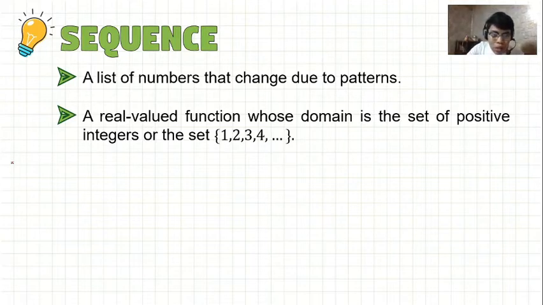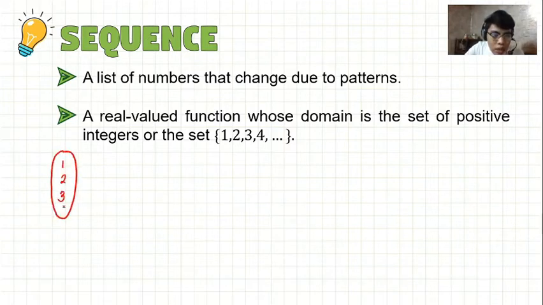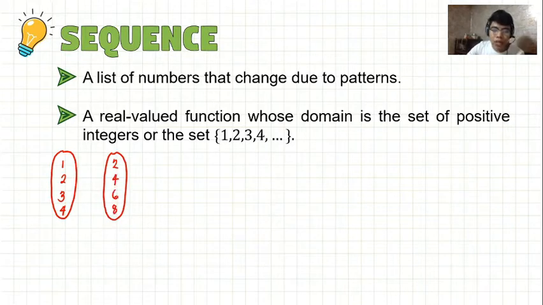Suppose our domain contains the numbers 1, 2, 3, 4, and our range contains the numbers 2, 4, 6, and 8. If one-to-one, suppose 1 is mapped to 2, 2 is mapped to 4, 3 is mapped to 6, and 4 is mapped to 8.